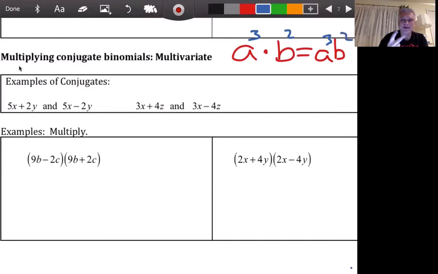So when you're multiplying two different variables, it's easy. You just say X times Y is XY, A times B is AB. Notice I didn't take these variables' exponents and change them. They just stay there. A squared times B, A cubed times B squared is still A cubed times B squared.